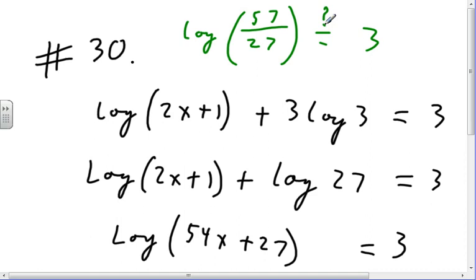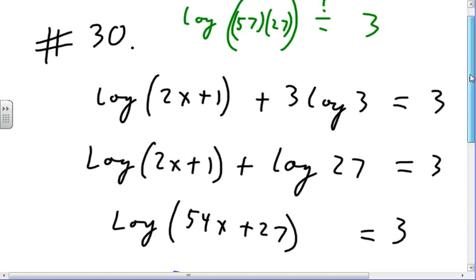I don't think so. What's wrong with that is I'm multiplying, not subtracting. 57 times 27. I don't think that's right.